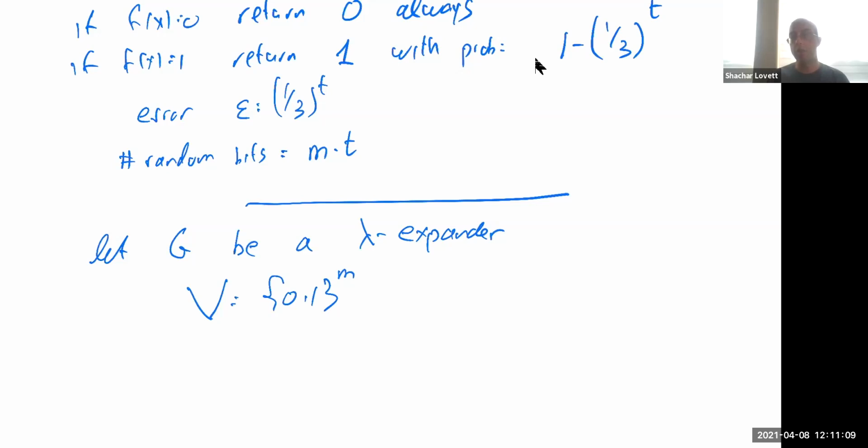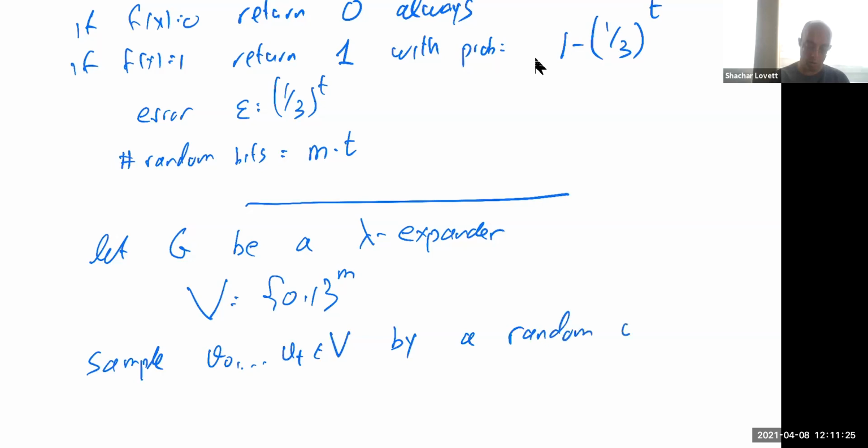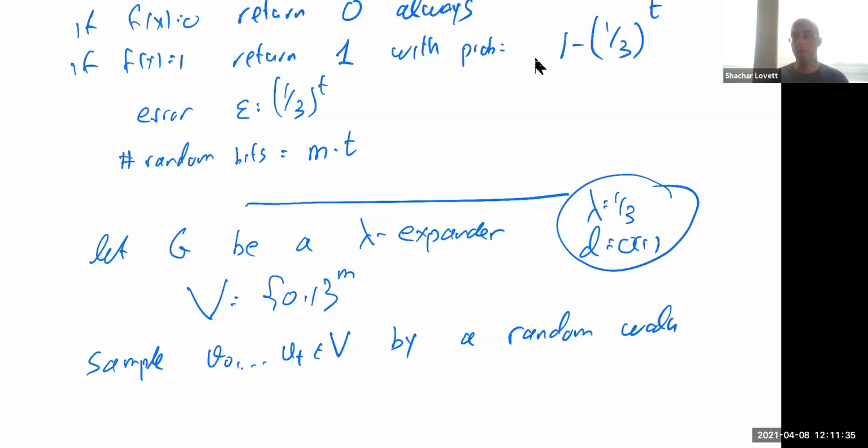And instead of sampling them independently, I'm going to sample them by a random walk. So let's sample v0 up to vt in V by a random walk. And again, let's assume, for example, that lambda is a third and my degree is some constant. Some constant degree expander with lambda being a third.